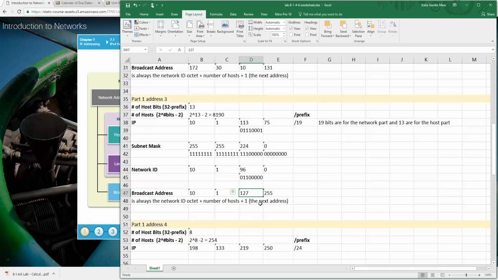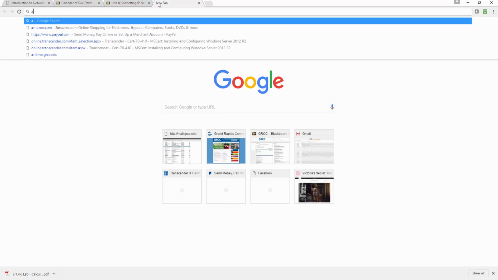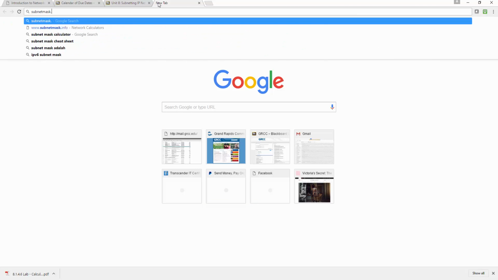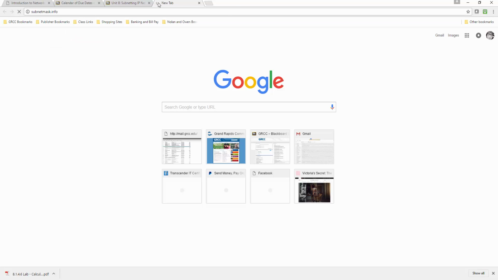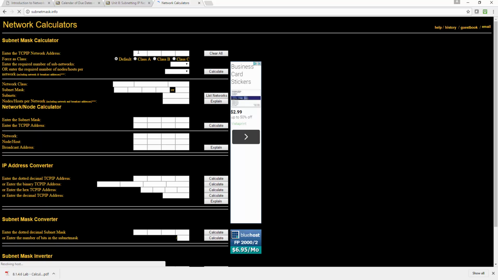One other site that I think is really helpful is subnetmask.info. And you can use this to help figure out what your networks are.